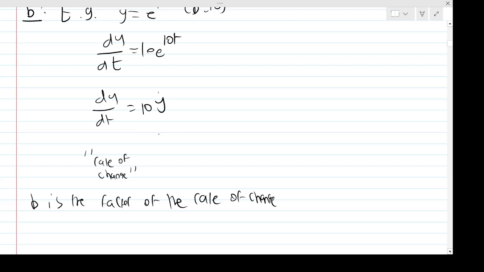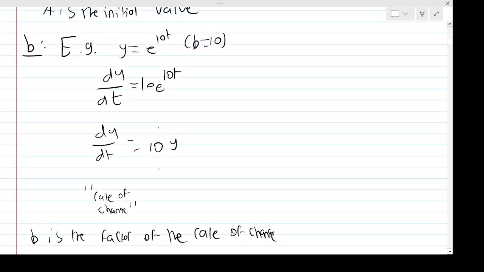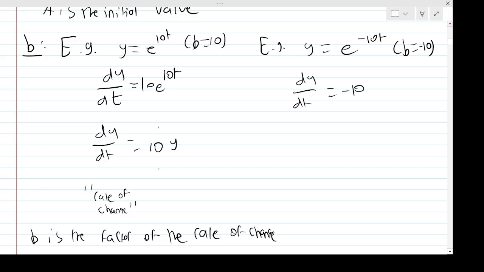Okay, now I want to look at this example here. So now let's say we have y is e to the negative 10t. So that's b is negative 10. Again, if we differentiate it, you get the same result, that dy dt is going to be negative 10y, or negative 10e to the negative 10t.